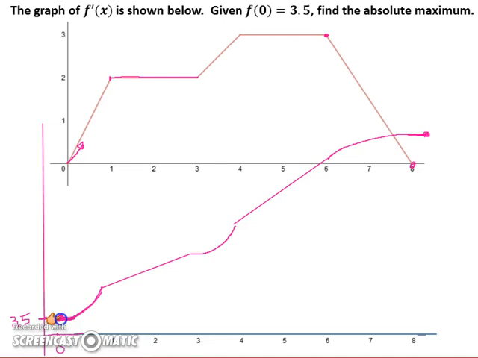But we know that this is 3.5, and it went 16.5 units. You would just have to add. You would take the 3.5 that you started with, knowing that the absolute maximum occurs when x equals 8, you would just have to add the total distance. So this is going to equal 20.